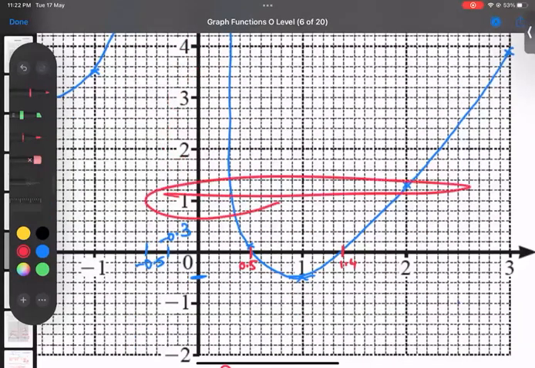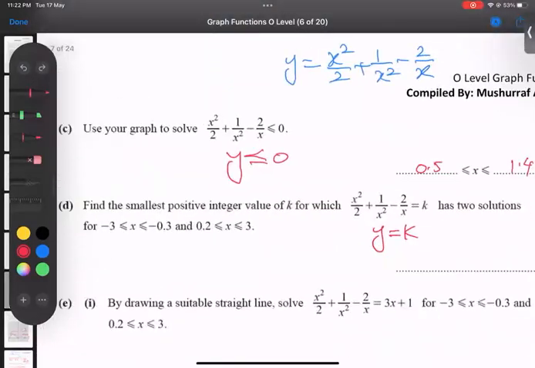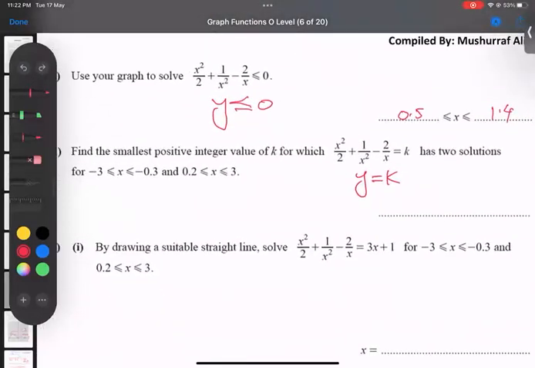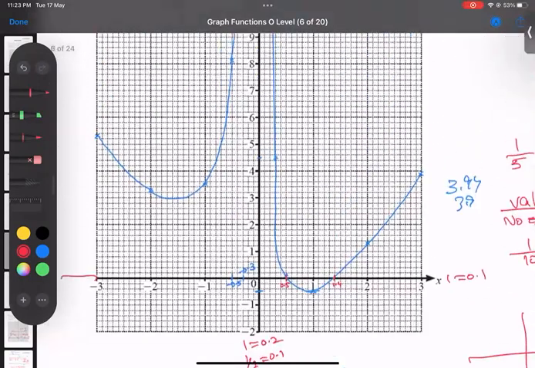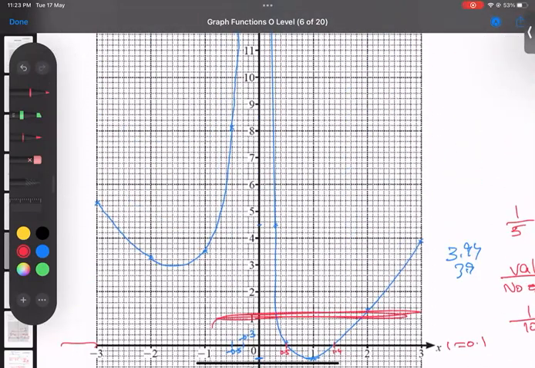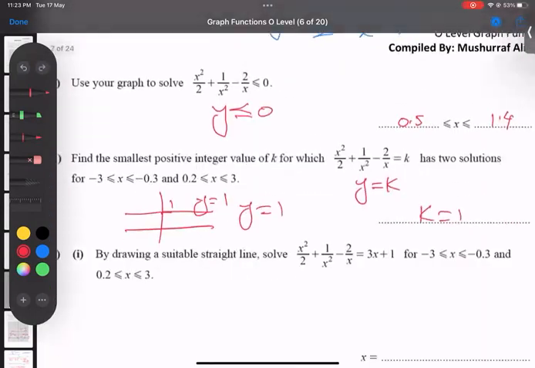The smallest number is 1. So Alhamdulillah, he was asking what's the k value? If y is equal to 1, it means k value is 1. If 1 comes here, the line equation becomes y equal to 1, which passes through 1, and it will give us two solutions. It is for sure. You can see from here. So I think this point is also clear.